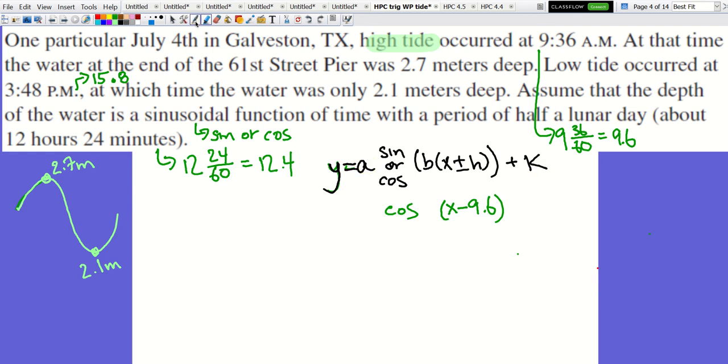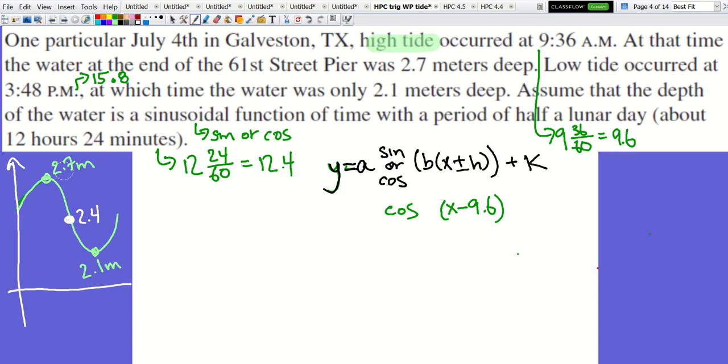Now, if I were to draw an x-axis and a y-axis, the middle over here is going to be 2.4. You can just literally on your calculator find the average of 2.1 and 2.7, which is 2.1 plus 2.7 divided by 2, and you get 2.4.